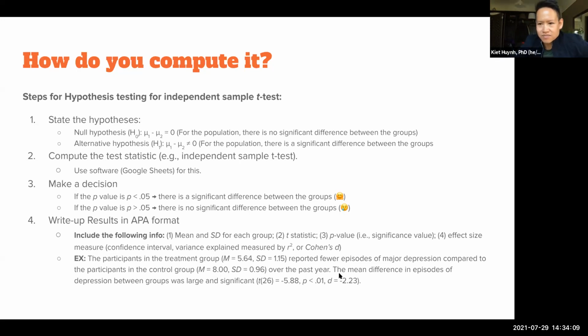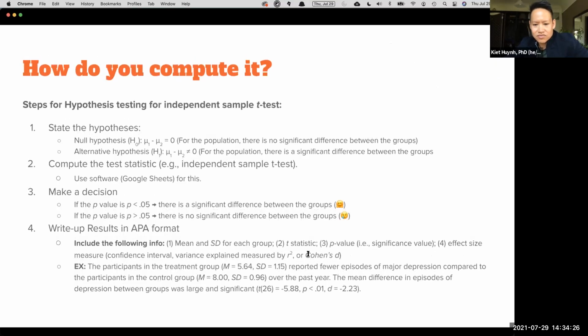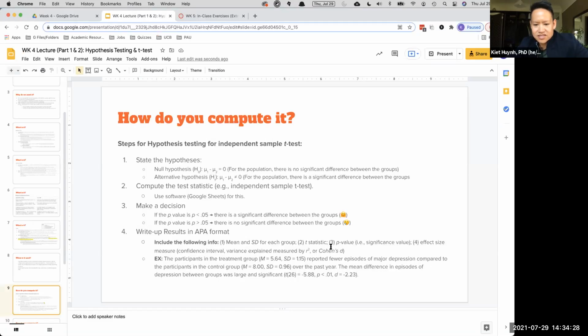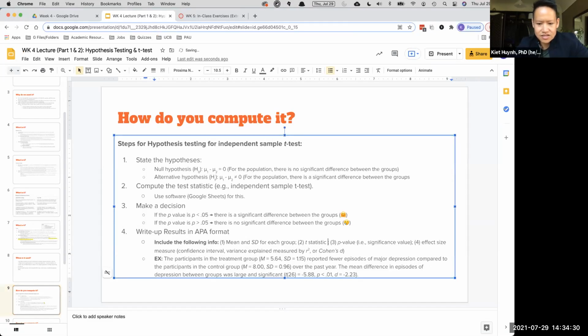Okay, continue on. The mean difference in episodes of depression between groups was large and significant. Okay, so you see here's the t-value. This is the degrees of freedom, which actually we should put here too. T-statistics and degrees of freedom.